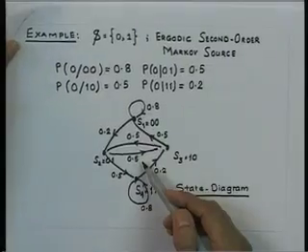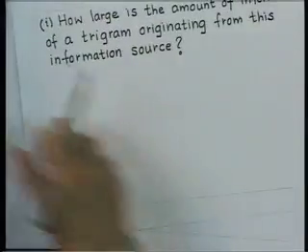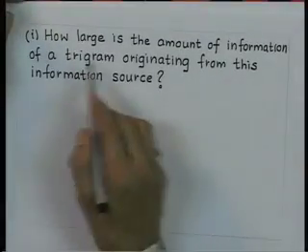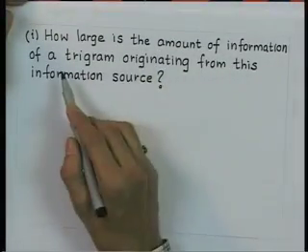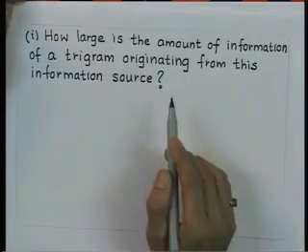Now, the first problem is: how large is the amount of information of a trigram originating from this information source?